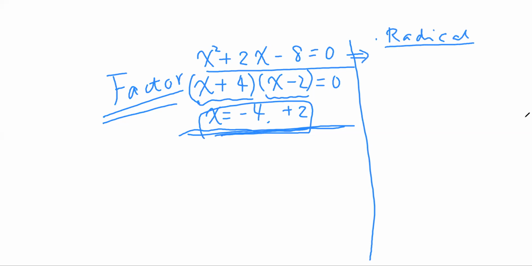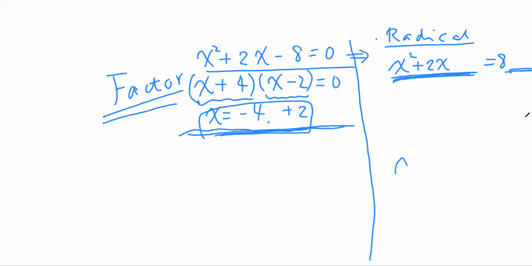All right, so let's do the transform first. So x squared plus 2x equals 8, right? All right, so how can we make this a perfect square? Anyone have any idea?